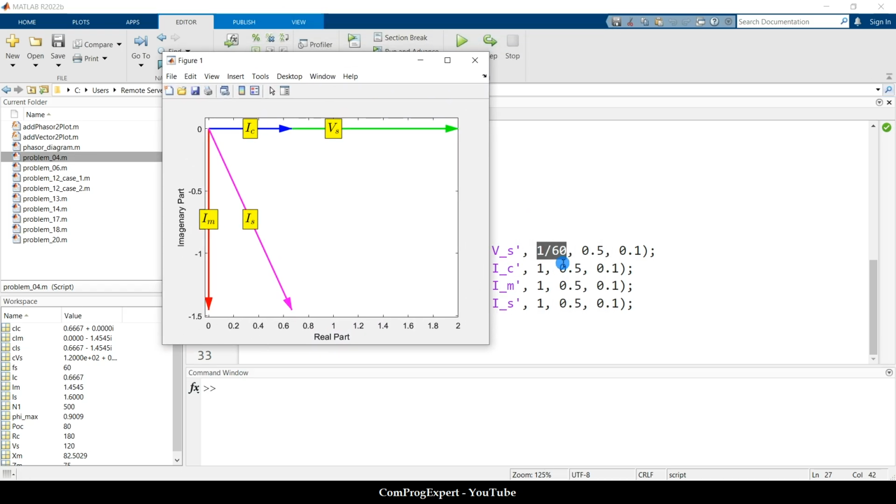Even for computations, when we refer quantities of a transformer from the high voltage side to the low voltage side, we have change in amplitudes.